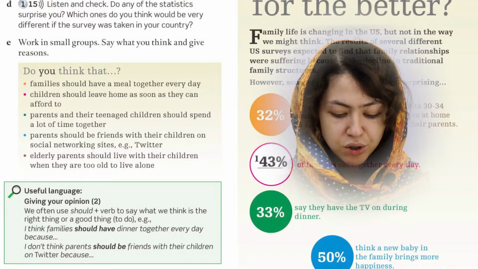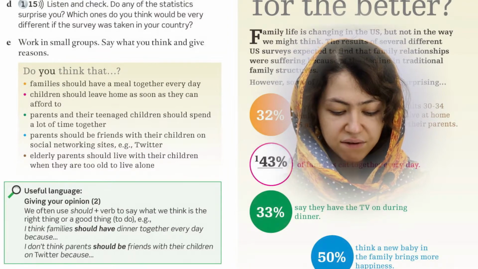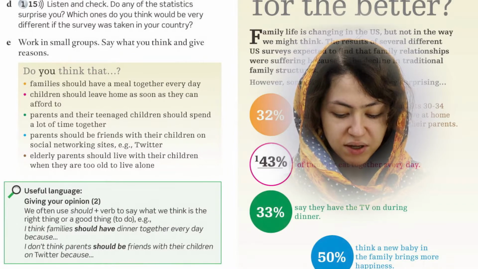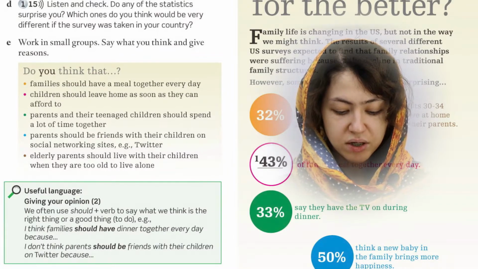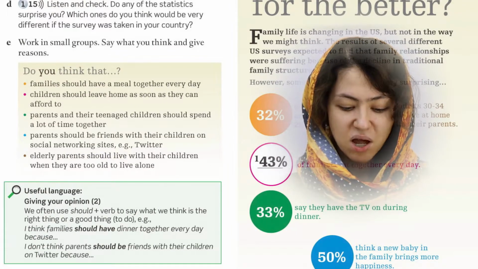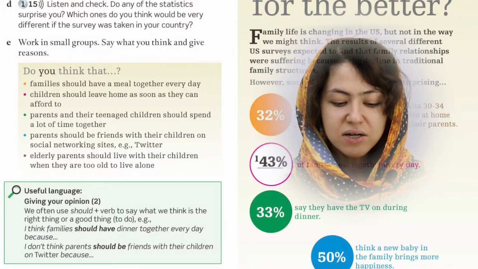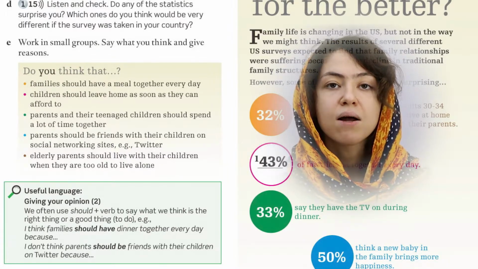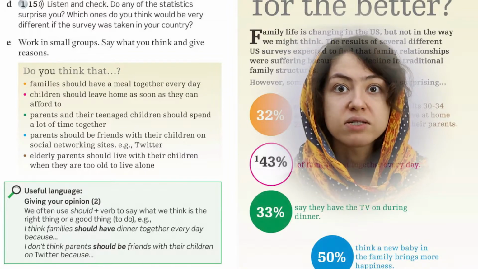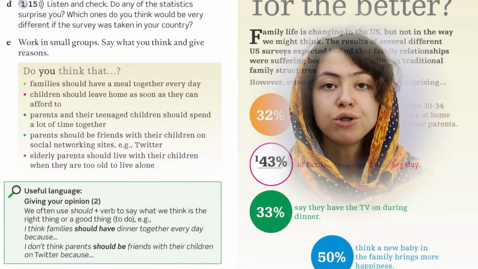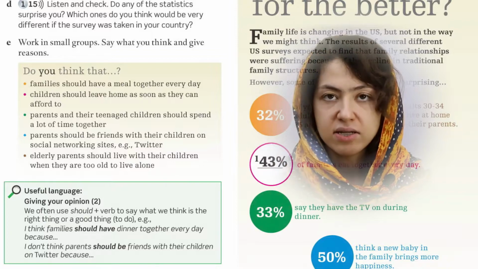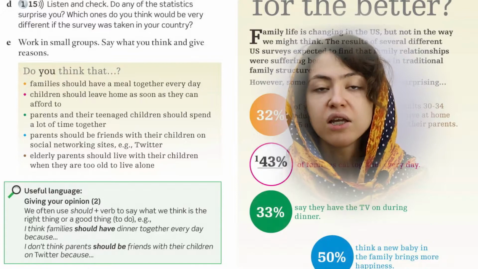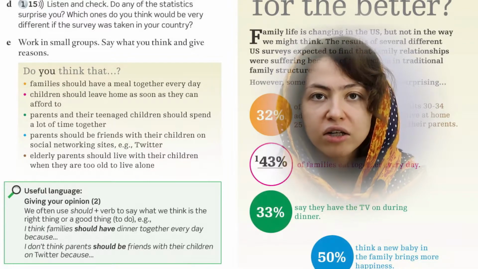I think families should have dinner together every day because... I don't think parents should be friends with their children on Twitter because... So it's giving a tip. Here it says that on part E, speaking section, you can have some useful grammatical points like should. So, should shows advice. If you want to give a piece of advice to somebody, you can use should or ought to.